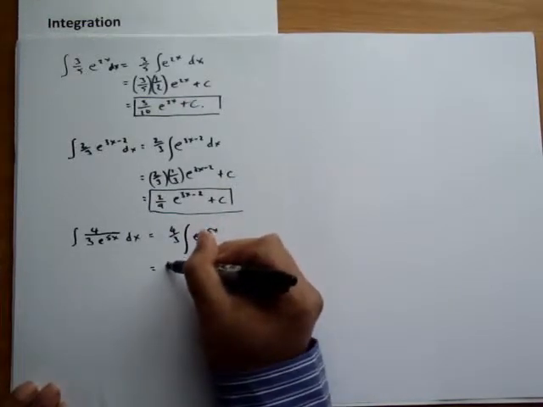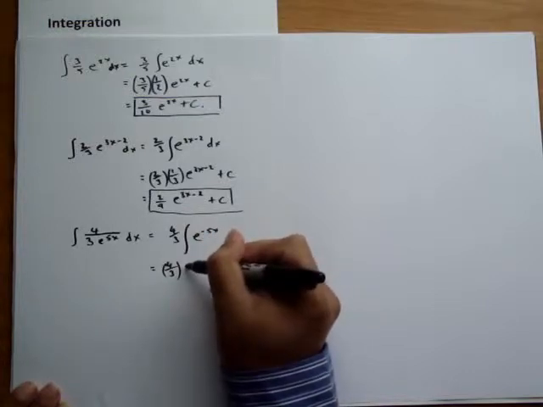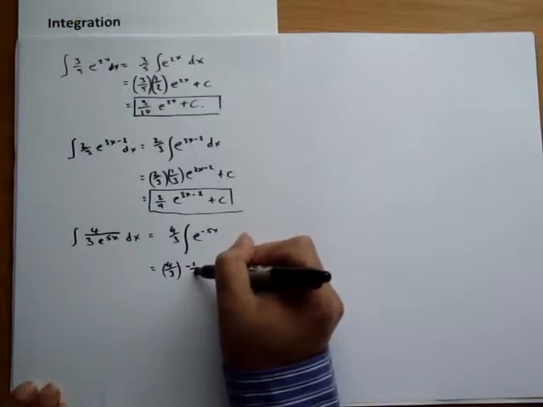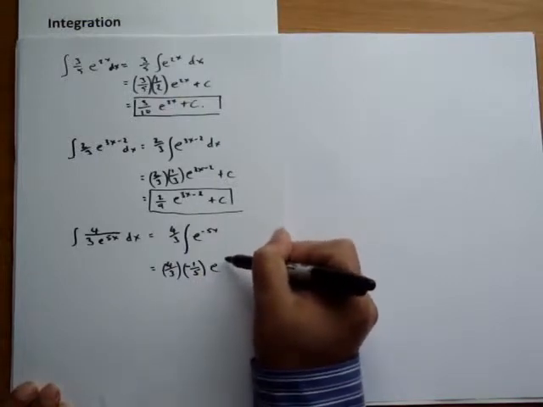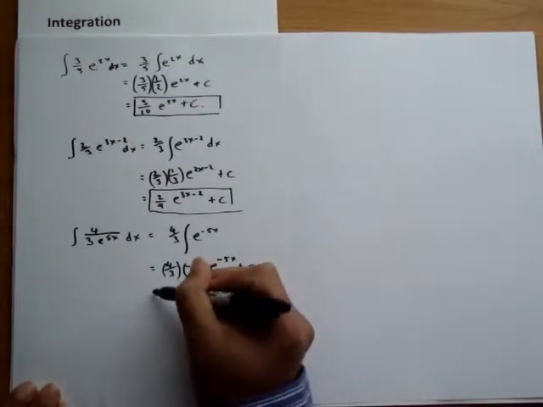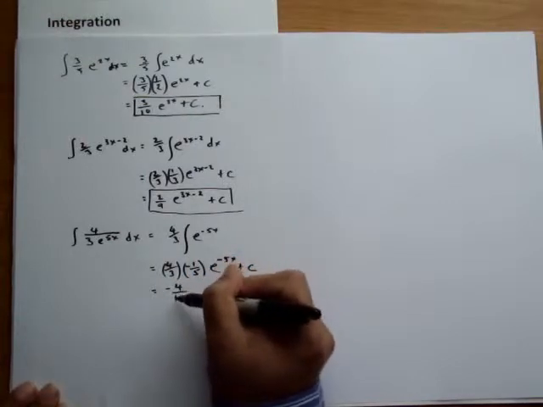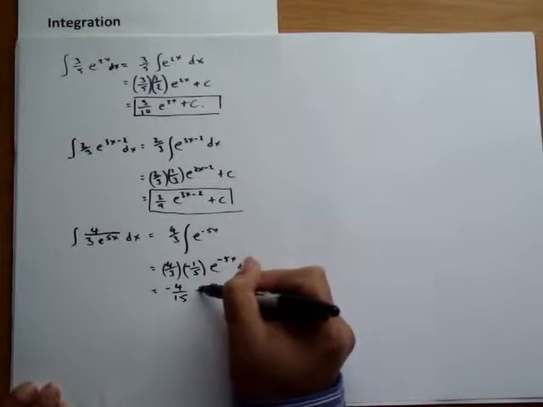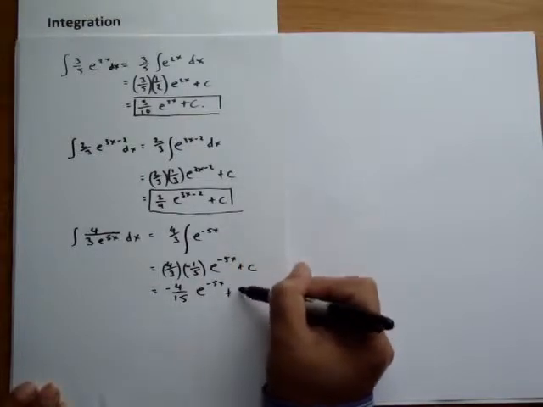This becomes 4/3 multiplied by minus 1 over 5 e to the minus 5x plus c, and when we tidy that up it becomes minus 4 over 15 e to the minus 5x plus c.